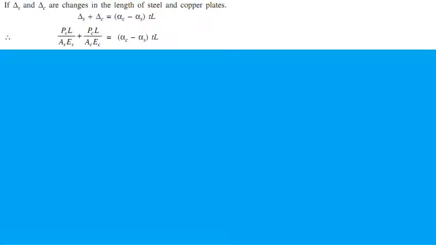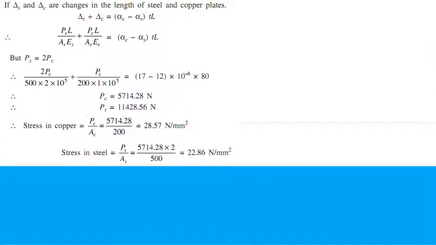Length is the same for both the materials, so we keep L as it is. So PS L divided by AS ES plus PC L divided by AC EC is equal to alpha C minus alpha S into T into L.